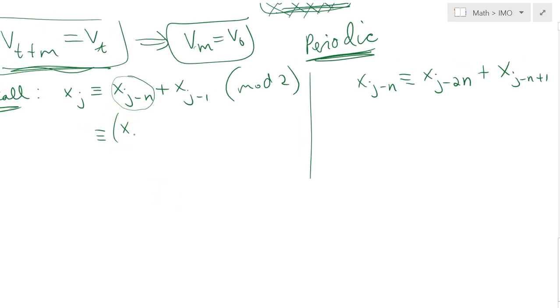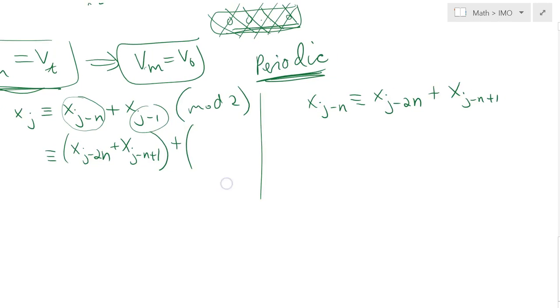So x j minus 2n plus x j minus n plus 1, plus, for j minus 1 I will do the same thing, x j minus n minus 1. That's the previous round. Maybe I should write it like this, it's better: j minus 1 minus n, plus the previous guy, j minus 2.